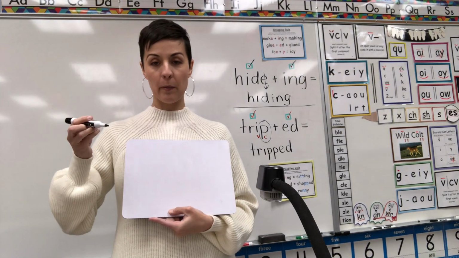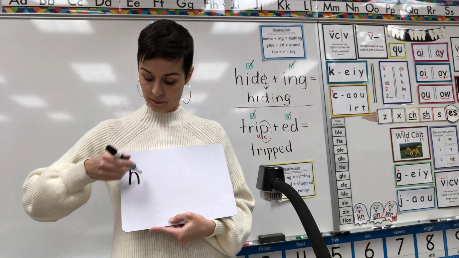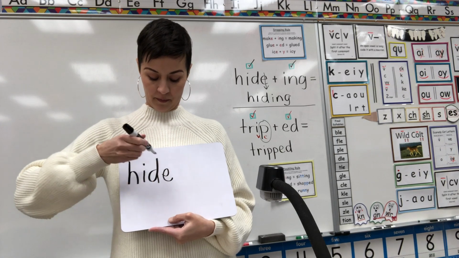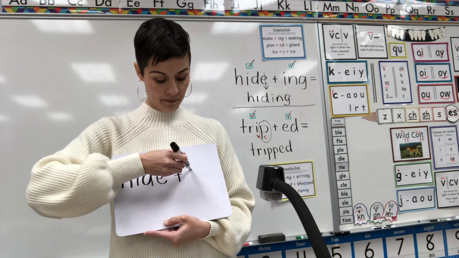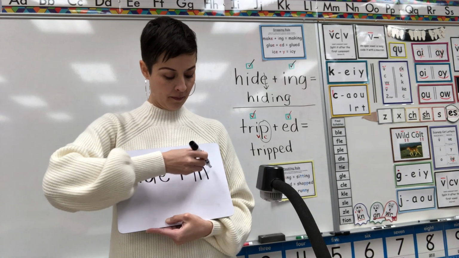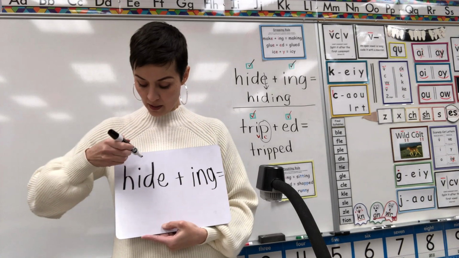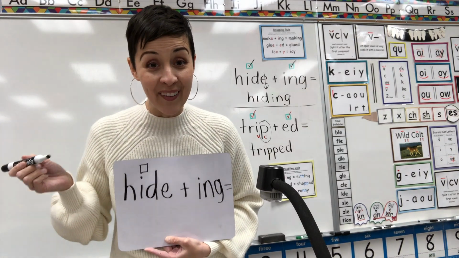Next one, spell for me root word hide. Plus suffix ing. Hide plus ing equals hiding. Will you try this one all by yourself? Go.